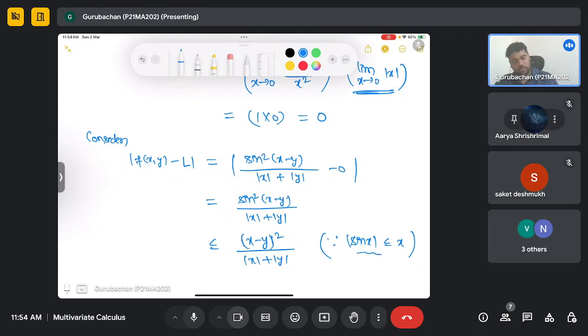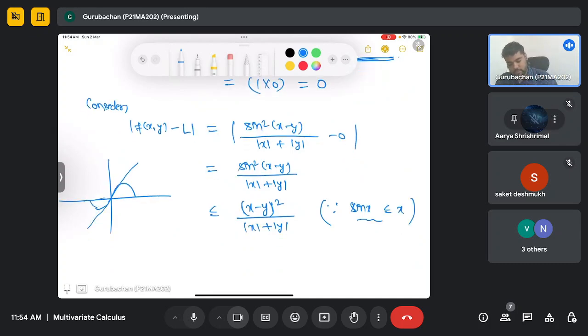For this particular one we can see the sine function is like this, and our line is like this. So we can say that sin x is less than or equal to x. And since here it is a neighborhood of 0, we can directly replace sin of (x minus y) with (x minus y).